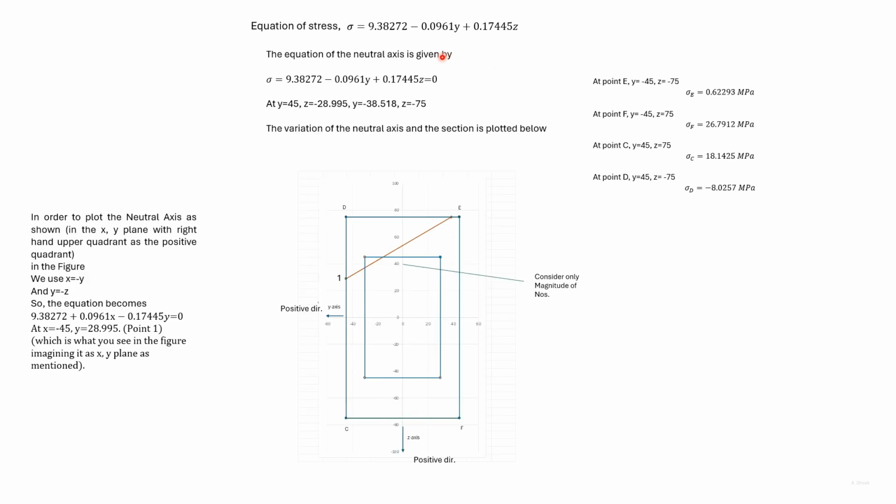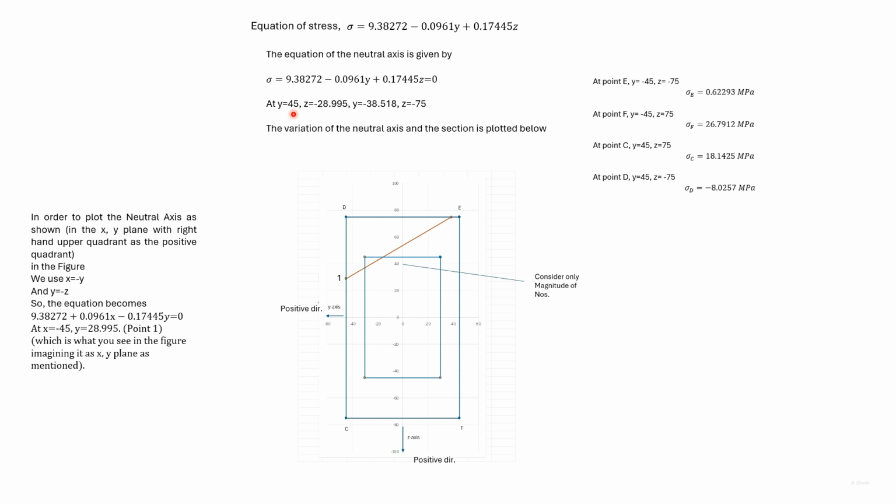We earlier obtained this expression of stress in terms of y and z. At the neutral axis, the stress is 0. So here we have equated this expression to 0. This is a linear equation in y and z.